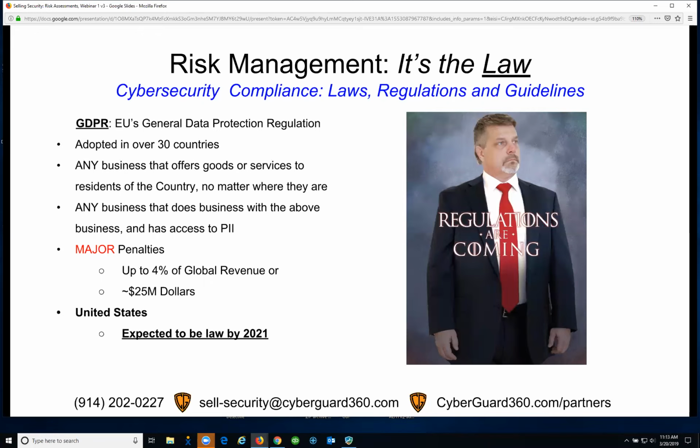So laws matter. They matter for a variety of reasons, obviously. As it relates to cybersecurity, they matter because they are requiring business be proactive in protecting data, protecting PII, personally identifiable information.